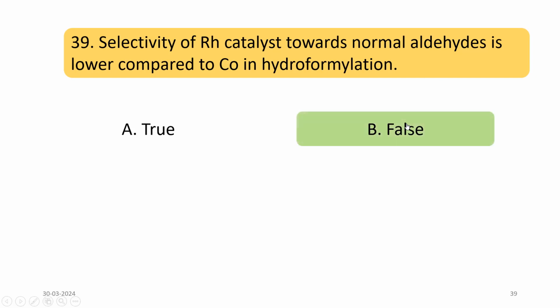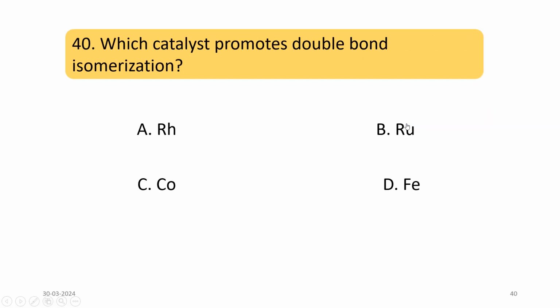This is false because rhodium catalyst can produce more aldehydes than cobalt catalyst. So that is false. Next, which catalyst promotes double bond isomerization?